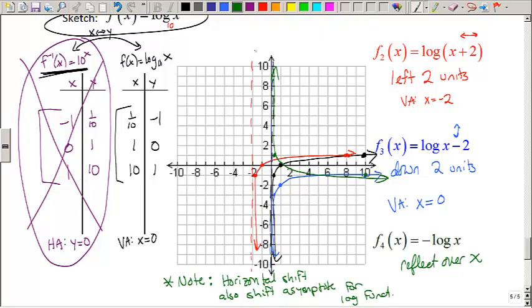So vertical asymptotes get shifted for horizontal shifts. Horizontal asymptotes only get shifted for vertical shifts. So this is the only time your log function's asymptote will be shifted, is for horizontal.